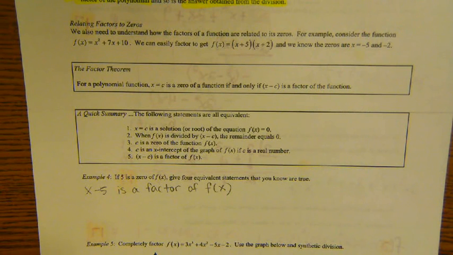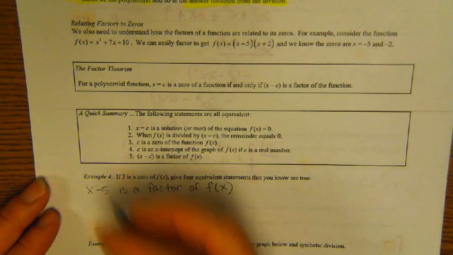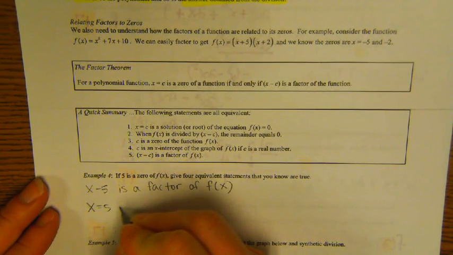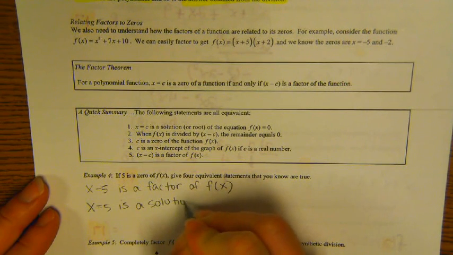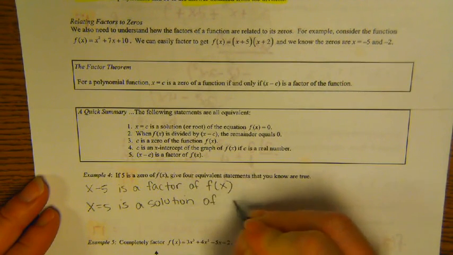Something else. What'd you say, Haley? So I'm going to say x equals 5 is a solution of f of x equals 0, or a root.